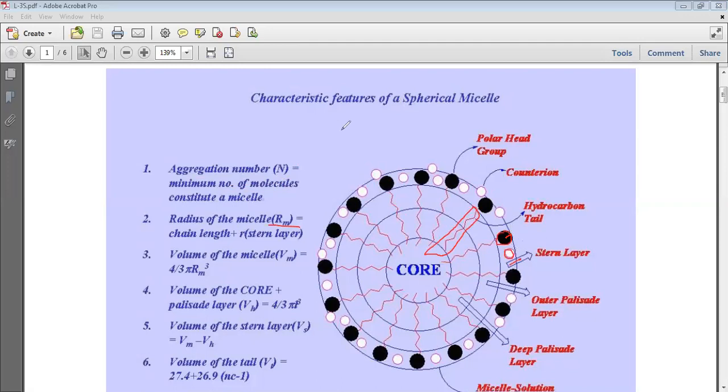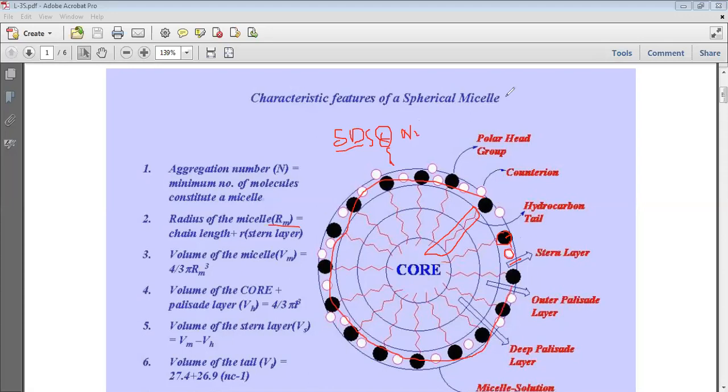Suppose we know SDS, that is sodium dodecyl sulfate. That means the head group is negatively charged, and the counter ion will be simply Na positive, the sodium positive. So the head group plus the counter ions constitute a layer, this outer layer, which is in contact with the outer solution.